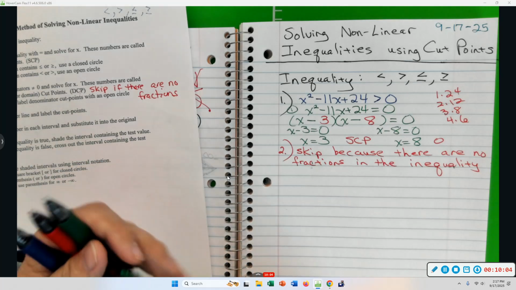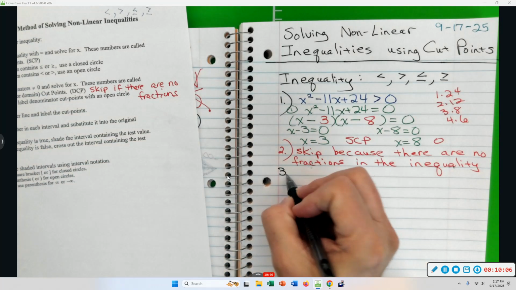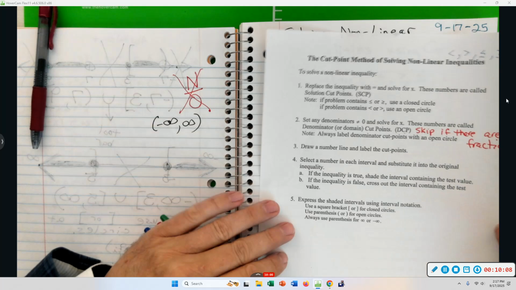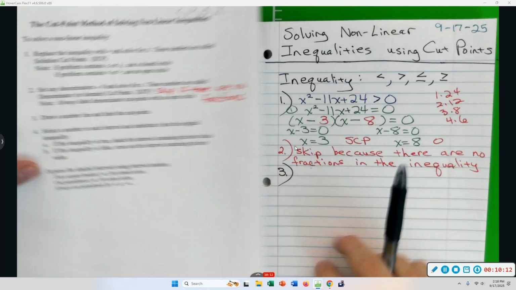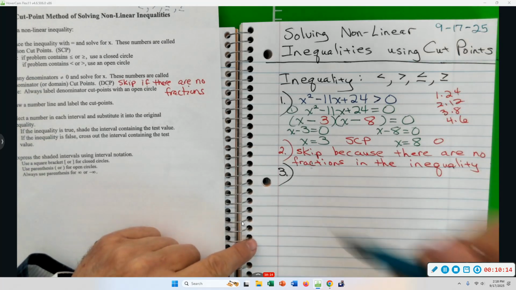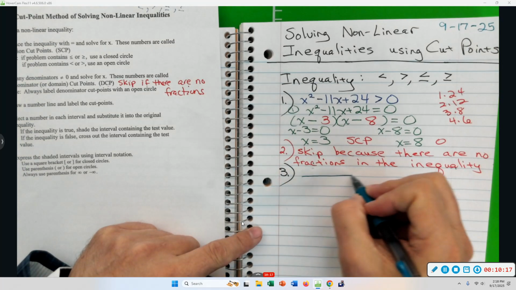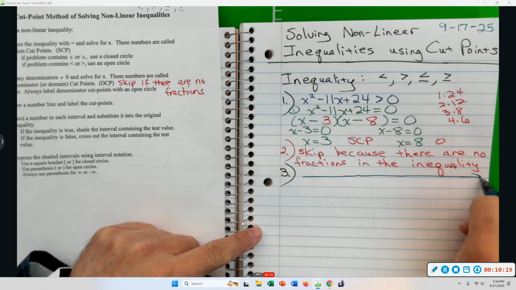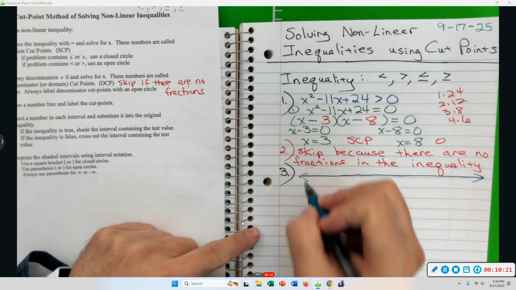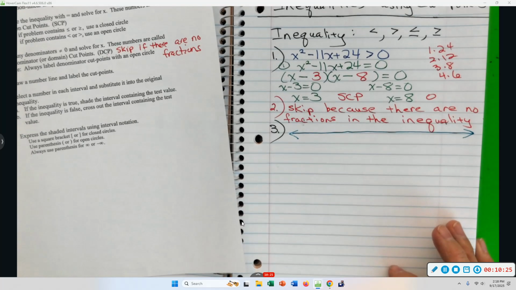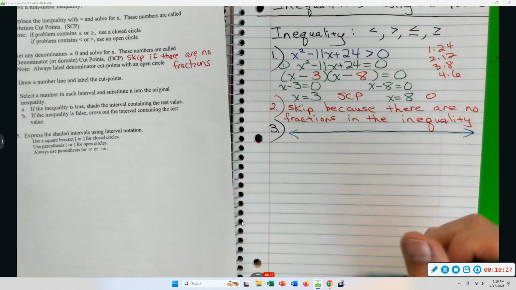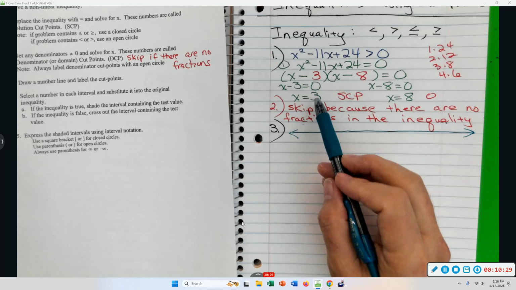Step number 3, we're going to draw a number line and label the cut points. This is a number line, which means it's going to go in numerical order. The only numbers I'm going to write down on that number line are the cut points themselves.